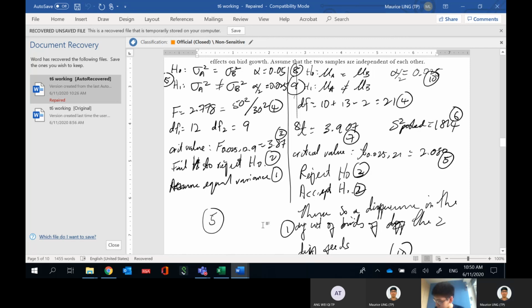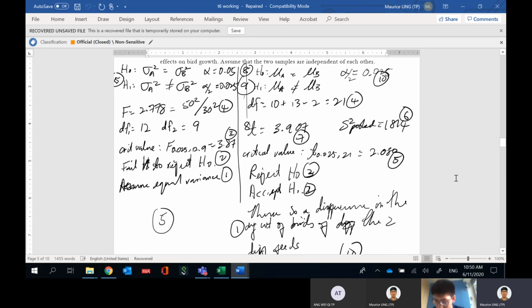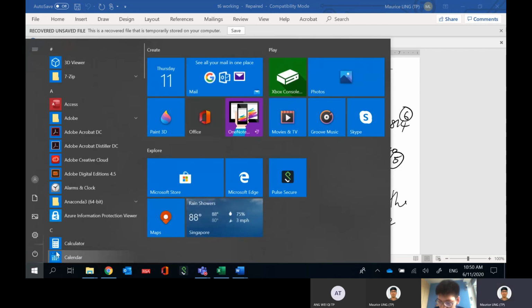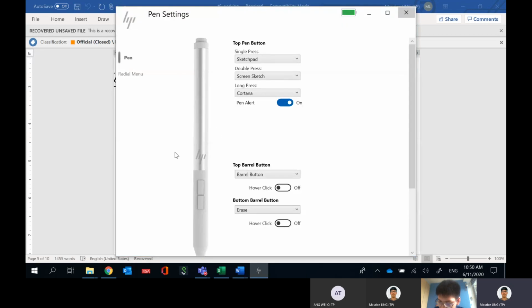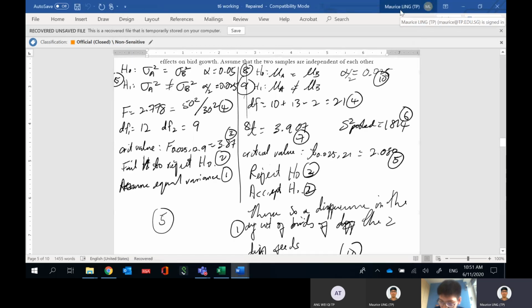So another. May I ask, when we are calculating the z value with the formula z equals x bar 1 minus x bar 2, then minus mu1 minus mu2, then divided by the square root of sigma square 1 divided by n1 plus sigma square 2 divided by n2.